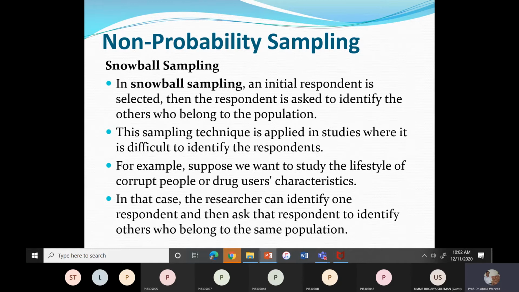So first we have to find an initial corrupt person, and then with the help of that person we can locate others. Same with drug users. First we have to identify a drug user, and then with the help of that drug user we can identify other drug users, because they belong to the same community.